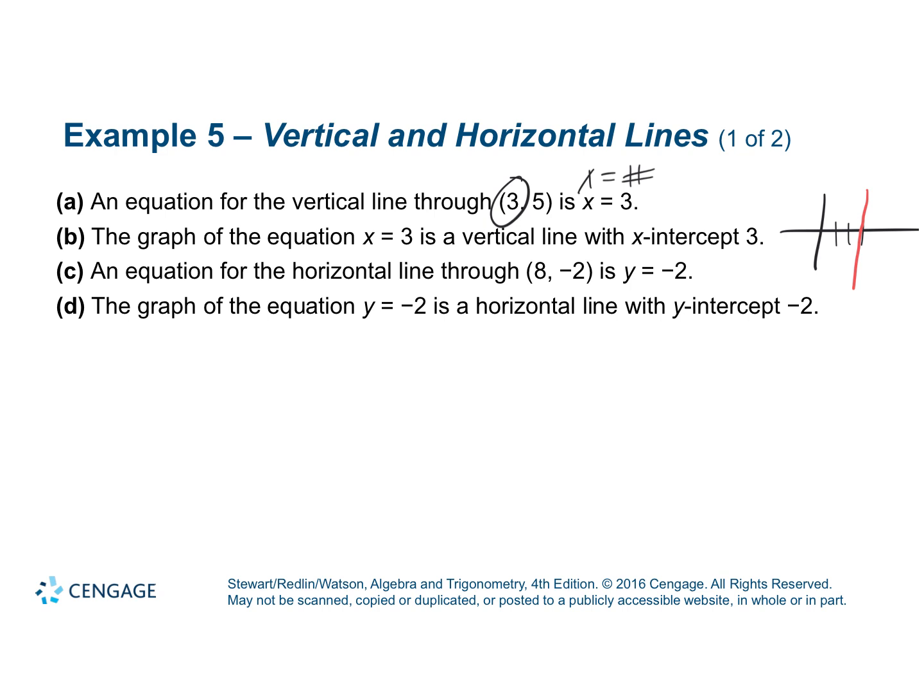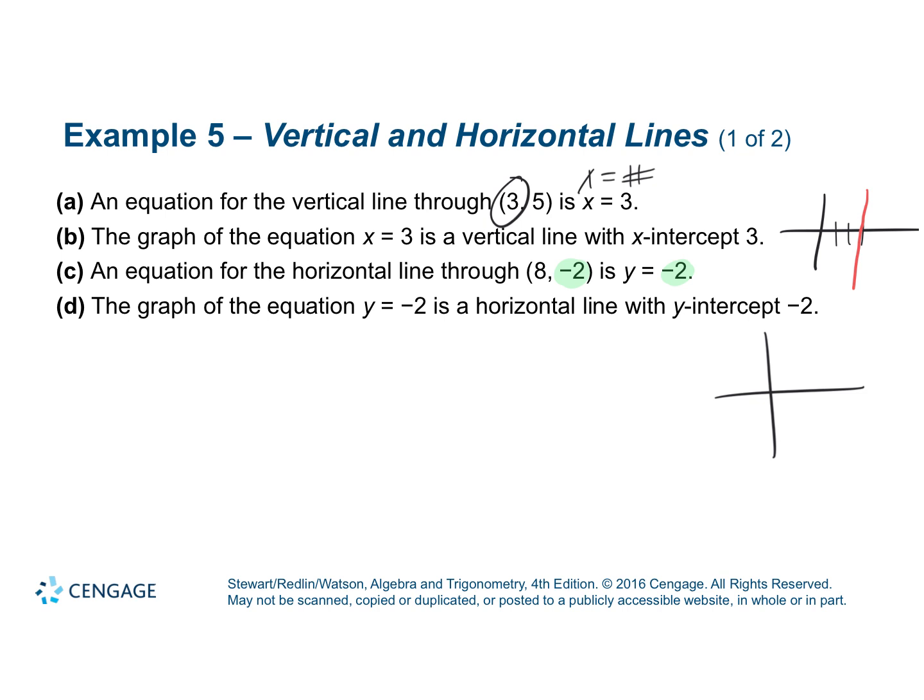8, negative 2 would be y equals negative 2. Again, the number being the y coordinate of that ordered pair. And then the graph of an equation y equals -2 is a horizontal line with the intercept at -2.